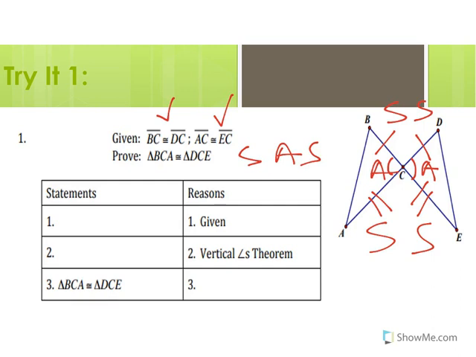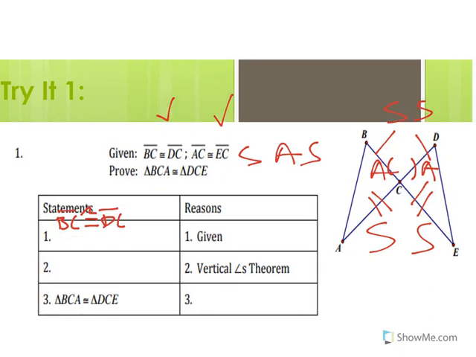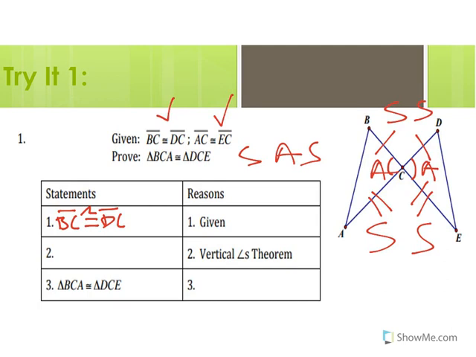The first statement will always be the given. So we're saying that segment BC is congruent to segment DC, and segment AC is congruent to segment EC. And number 2, the vertical angles, so we say that angle BCA is congruent to angle ECD.